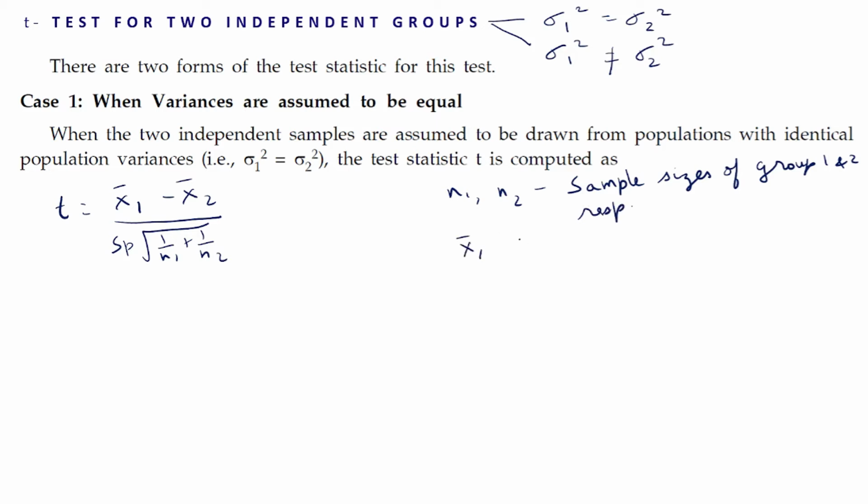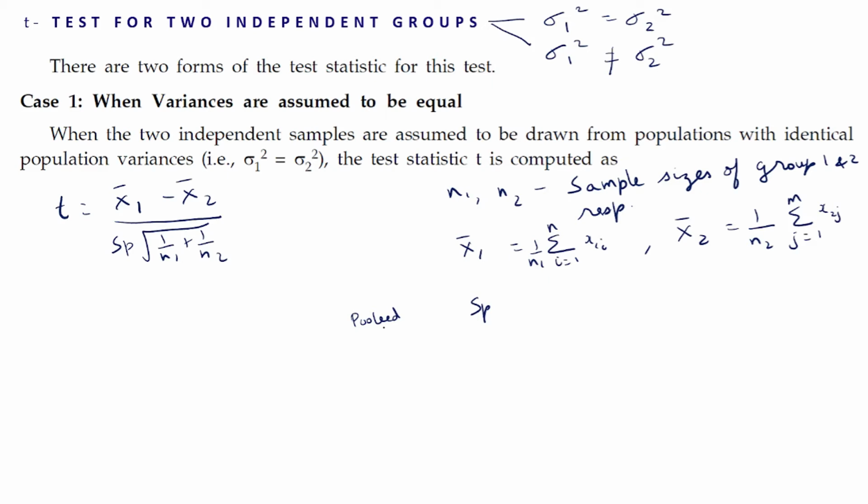And then x1 bar is the sample mean of the first group. So it is 1 by n1 summation i equal to 1 to n of x1i. x2 bar is the sample mean of the second group. So it is 1 by n2 summation j equal to 1 to m of x2j. And then this SP is called the pooled variance.